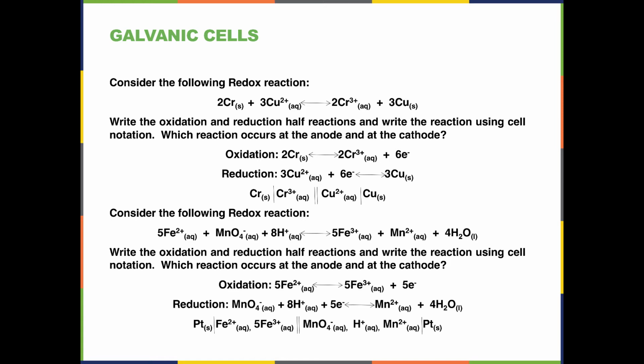And so it's shown that the platinum electrode on the right, or on the left, is the oxidation of iron plus 2 to iron plus 3. On the left, you have the manganese going from manganese plus 7 to manganese plus 2. And both of those require a platinum electrode.